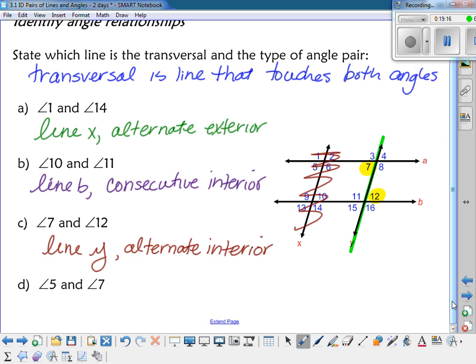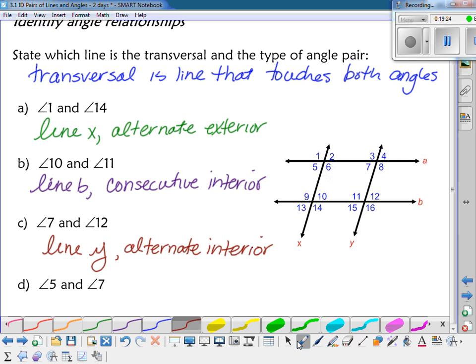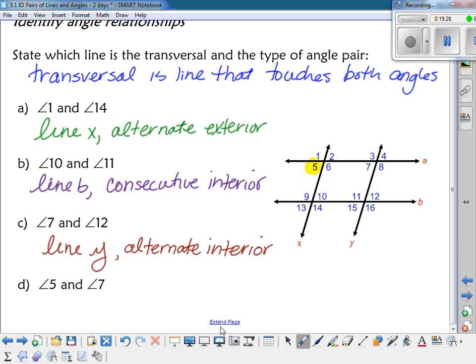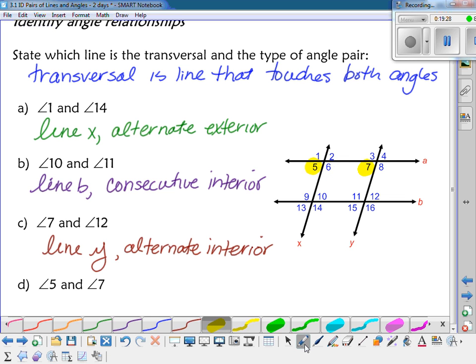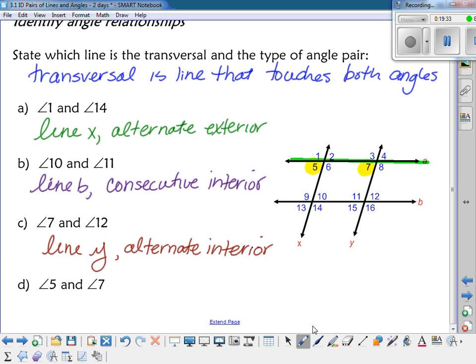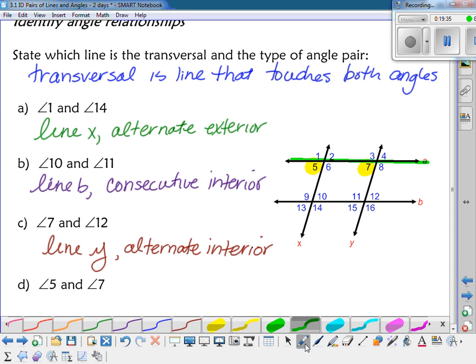And then finally, angle 5 and angle 7. I've got angle 5 and angle 7. So they are both touching line A. Line A is my transversal.